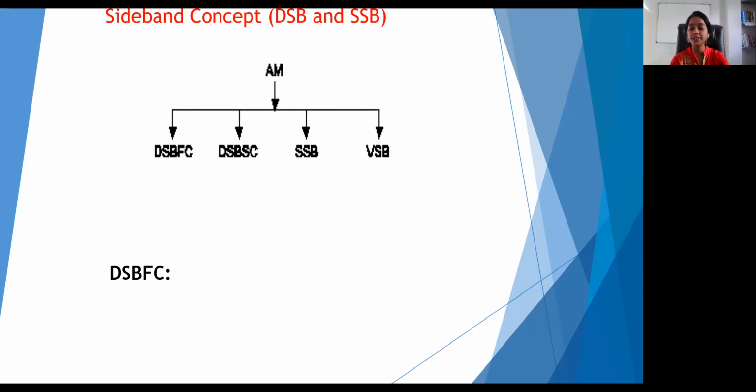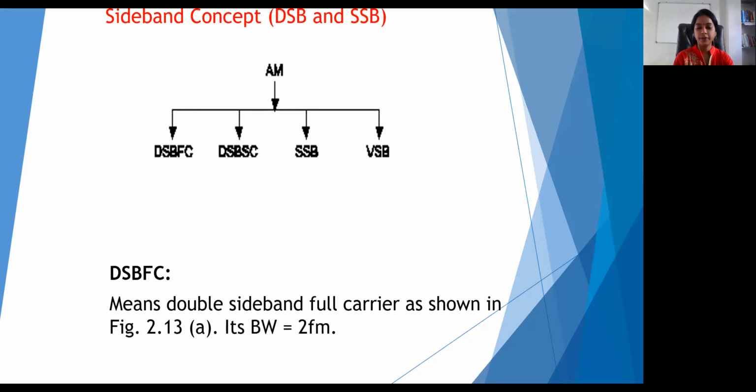Double sideband means the sidebands we saw, upper sideband and lower sideband, so one sideband and second sideband, they are called double sideband frequency carriers.